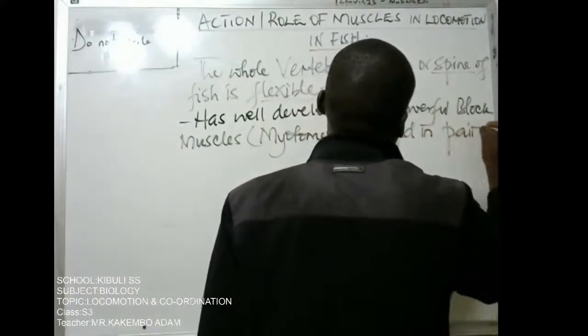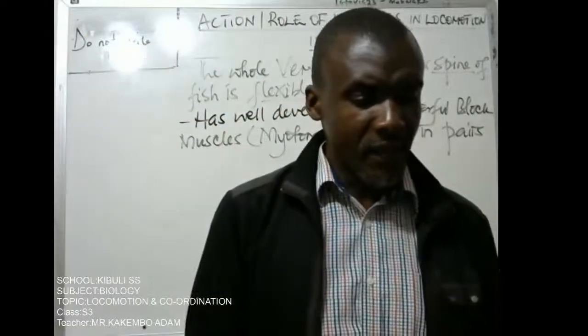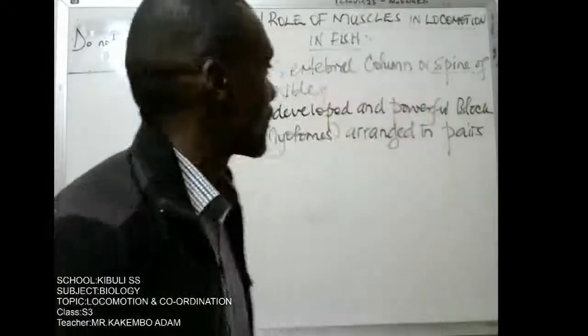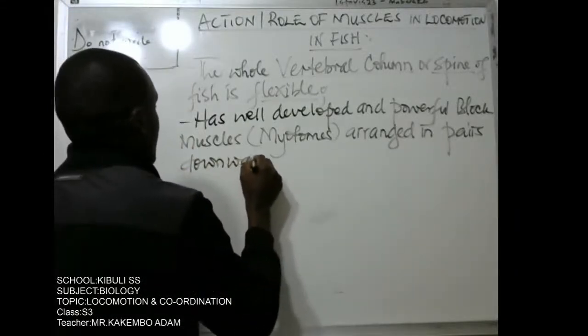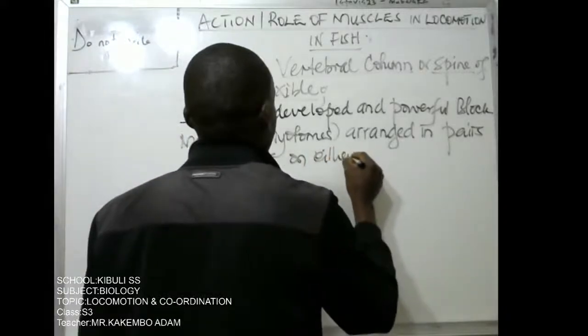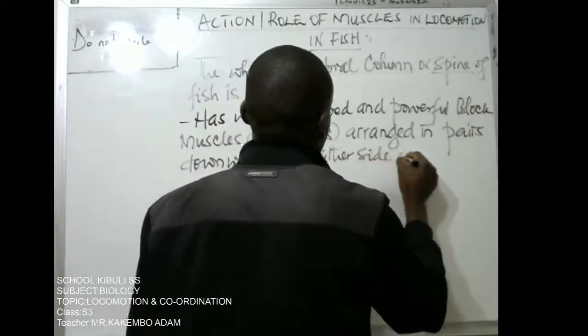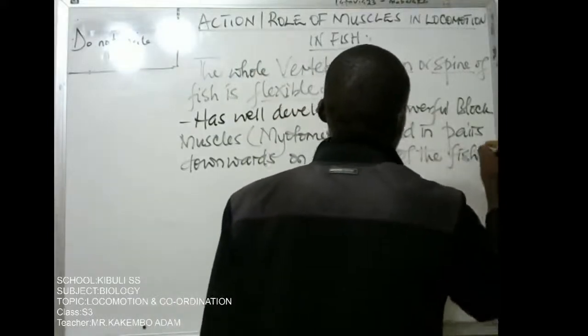The myotomes, or the block muscles, are arranged in pairs downwards on either side of the fish's body.